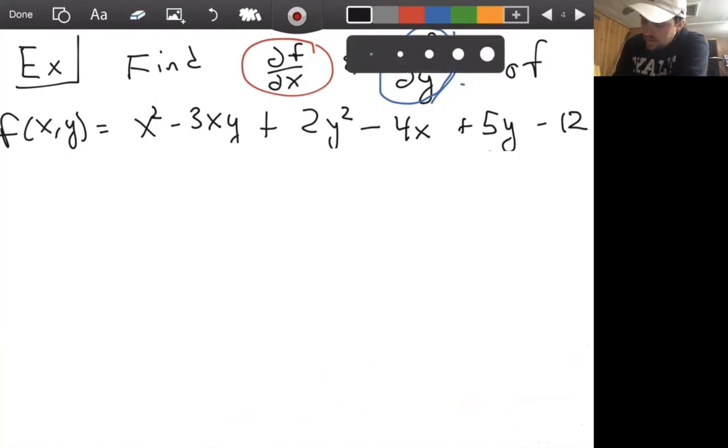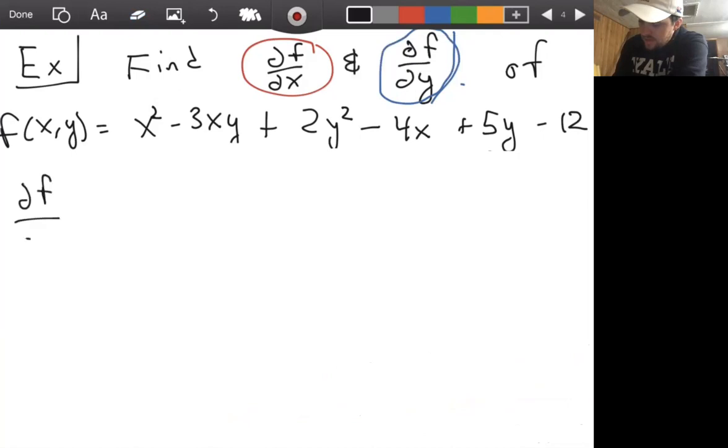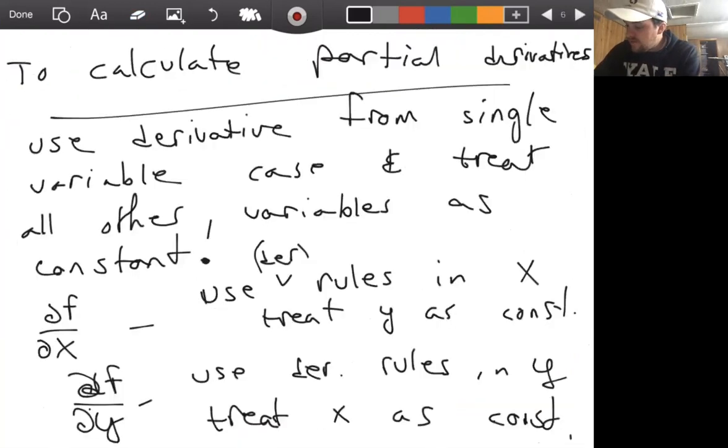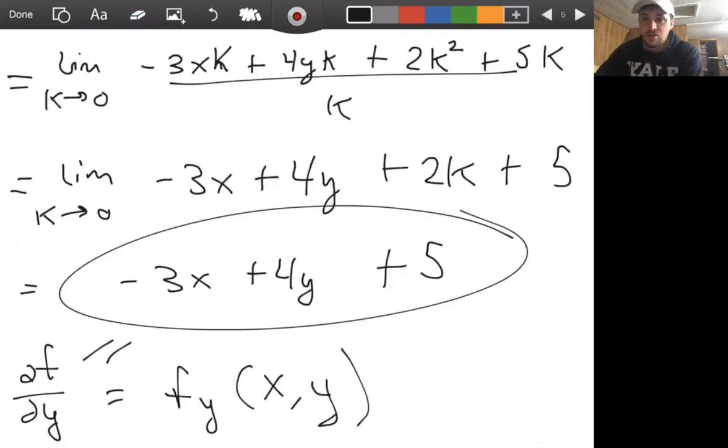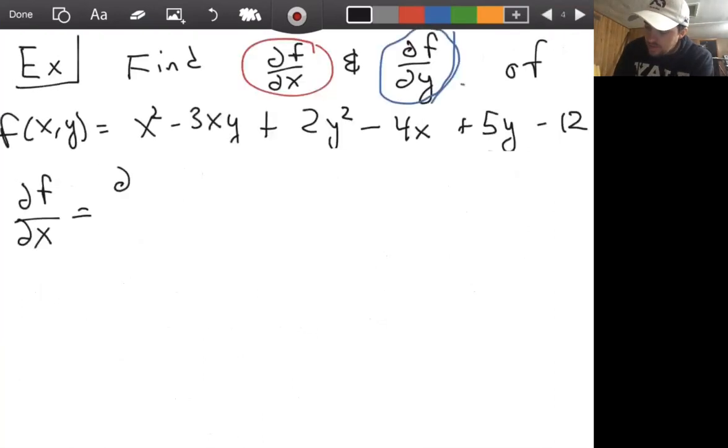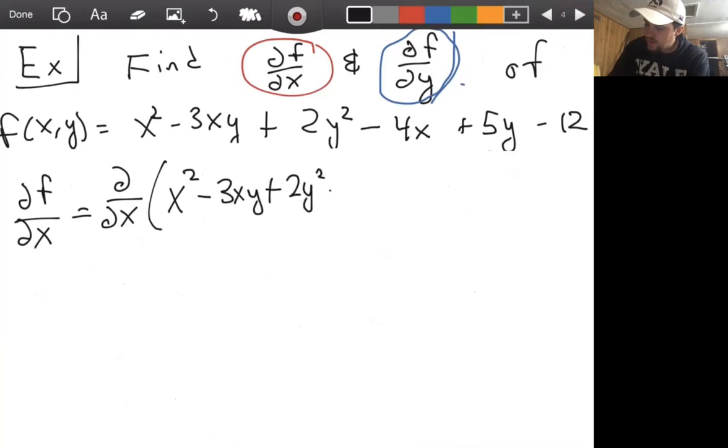So if we want del f del x using our new understanding of being able to treat other variables as constants, because essentially that's what we're doing geometrically. Well, this means this is the partial derivative with respect to x of x squared minus 3xy plus 2y squared minus 4x plus 5y minus 12, right?